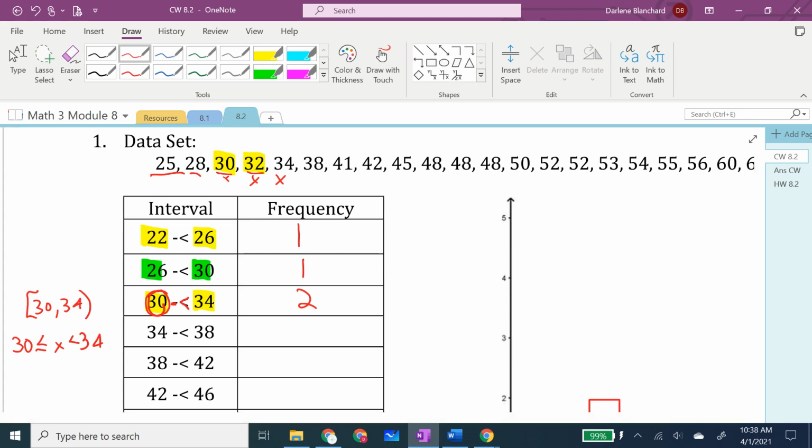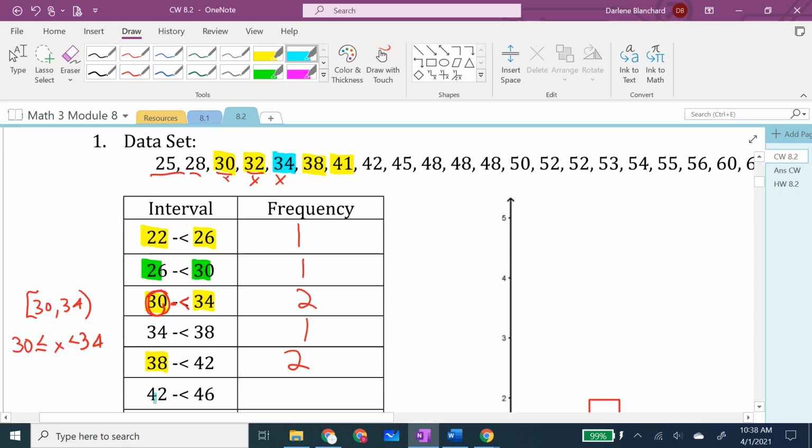Then 34 to 38, equal to 34 but not equal to 38. Oh dear, that's only 1. Then from 38 equal to 38 to 42, but not equal to 42. I have 2 items.